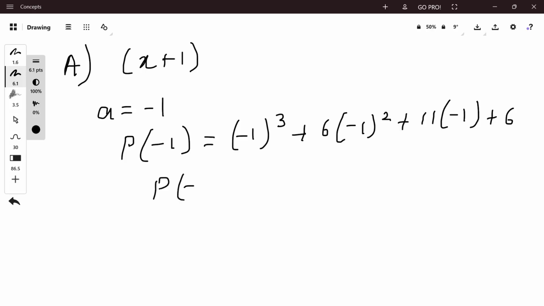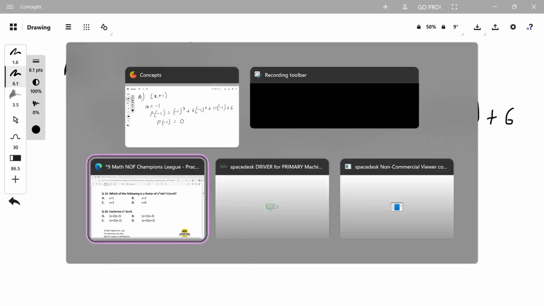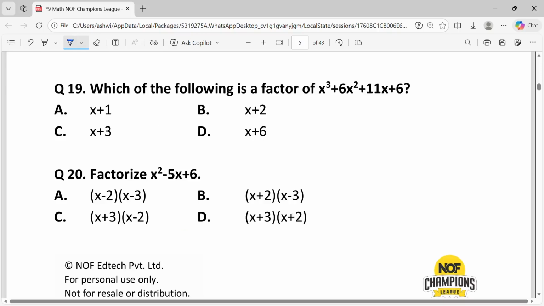So p of minus 1 comes down to 0. Since p of minus 1 is equal to 0, x plus 1 is a factor. Since x plus 1 is a factor, we are not going to check any other options, and the answer is A.